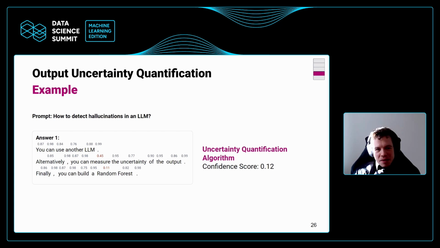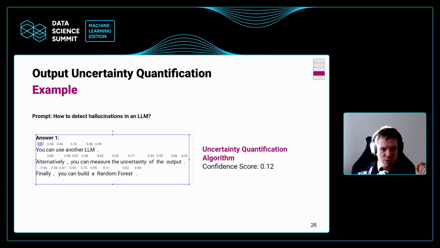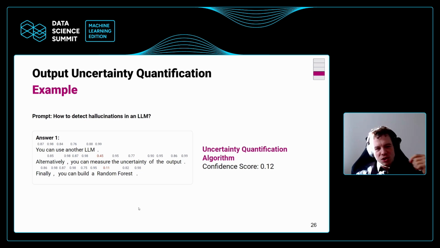Anyway, let's start with output uncertainty quantification. So we're going to be looking at token probabilities of each of the tokens. So you see here, there's going to be a probability for "you", there's going to be one for "for you", and there's going to be one for the comma. So we have output probability for each of the chosen tokens. The LLM is going to choose semi-randomly the tokens to create an answer based on the probabilities it outputs.